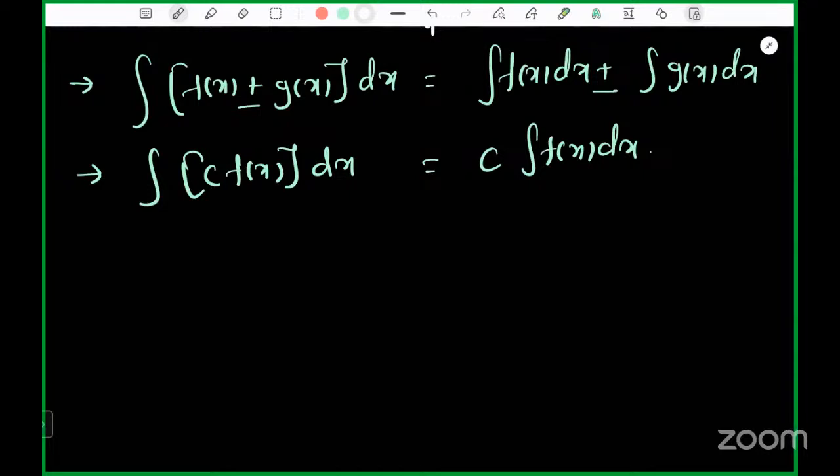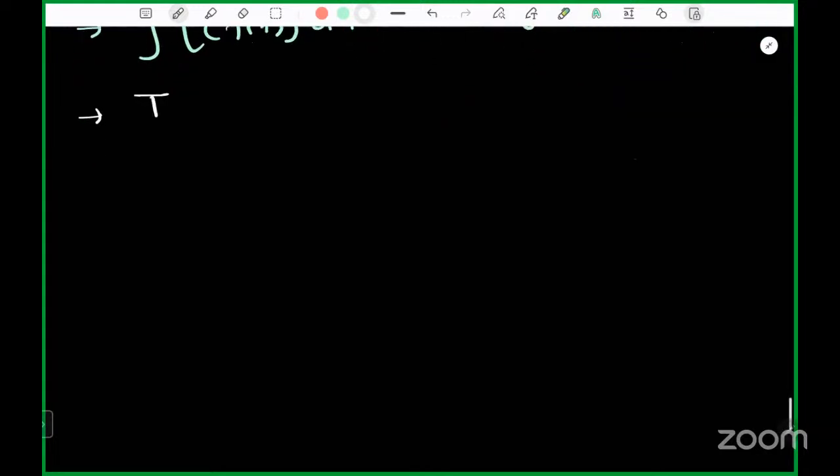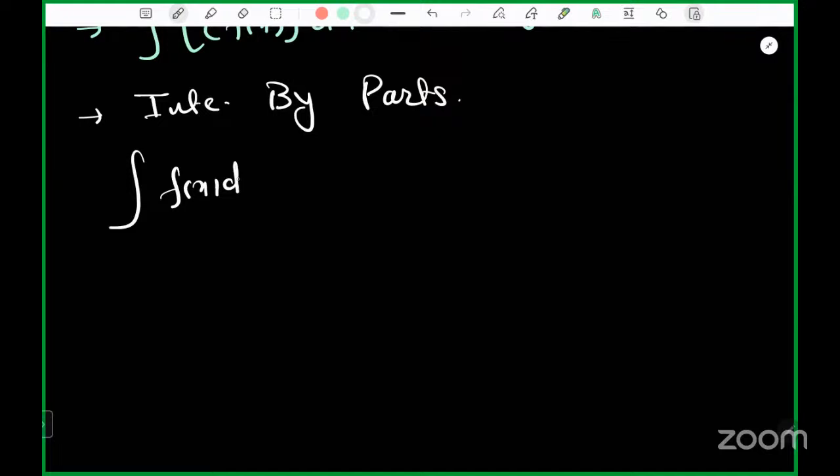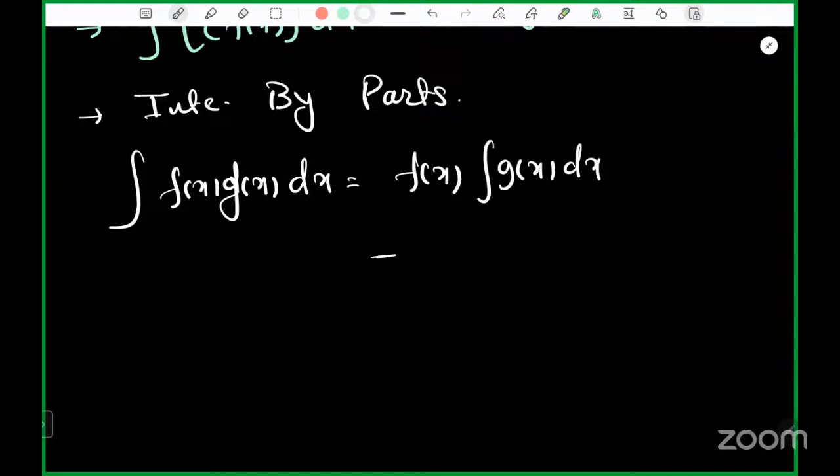Just as in differentiation we have a product rule, here we have integration by parts. If you have two functions and you want to find the integration of f of x g of x dx, you take the first function, integrate the second one, g of x dx, and then minus the integration of the differentiation of the first function times the integration of the second function, and then the whole integration.